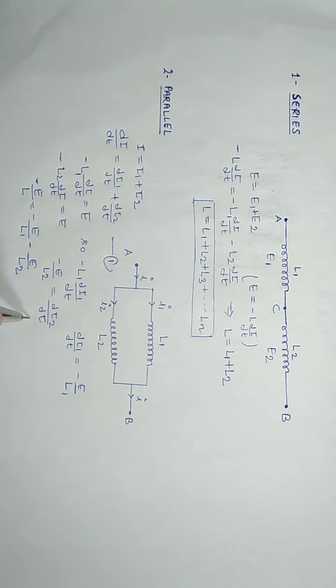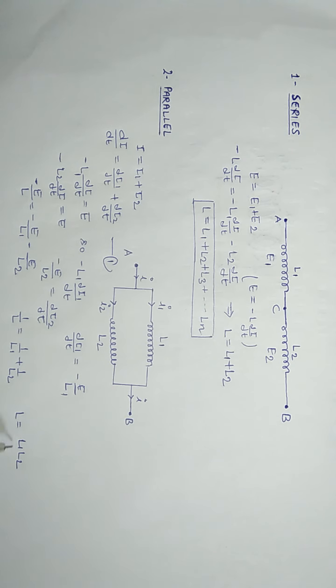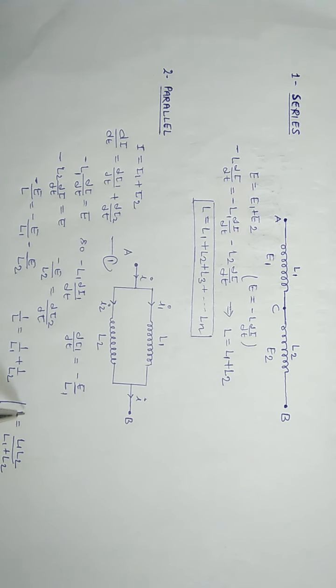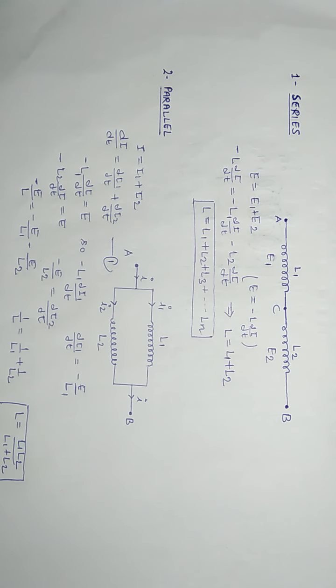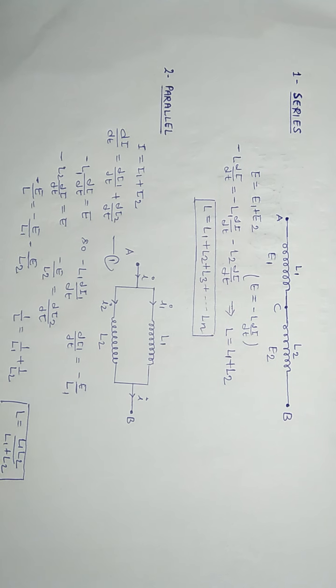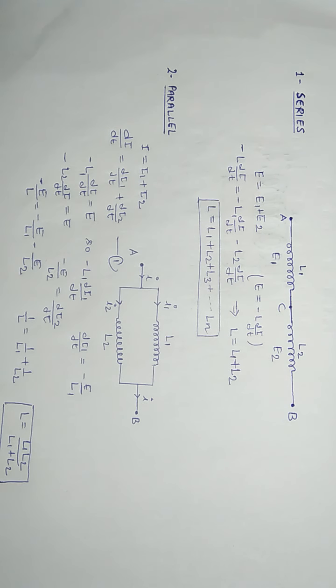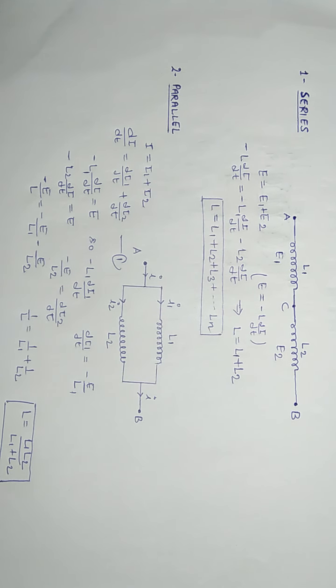On simplifying, we will get 1 upon L is equal to 1 upon L1 plus 1 upon L2, or L is equal to L1 L2 upon L1 plus L2.